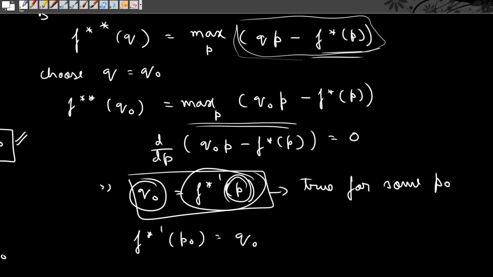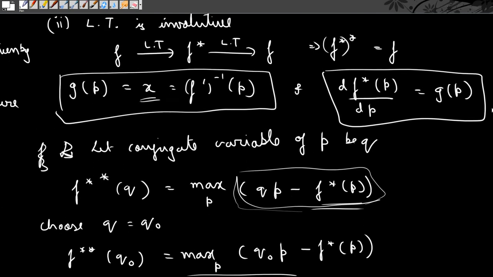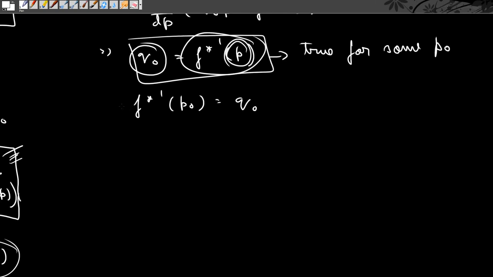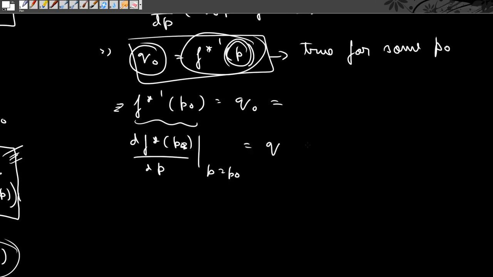But now using this relation, which is d f star of p by dp is equal to g of p, let me write it here. This is the same as d f star of p naught by dp, at p equal to p naught. This should be equal to q naught, which is equal to g of p naught.